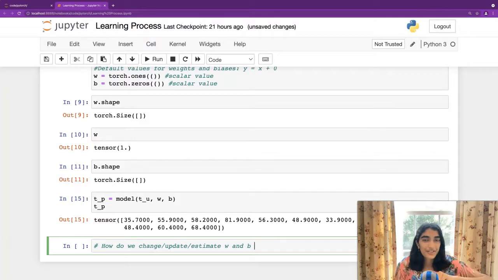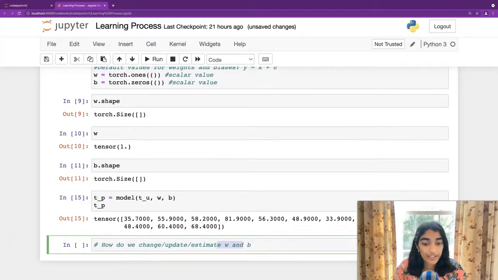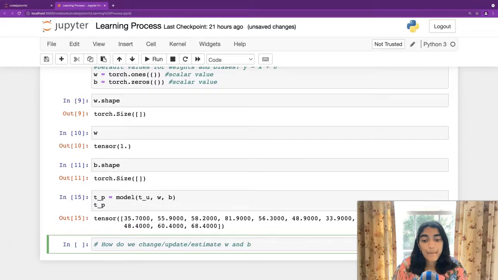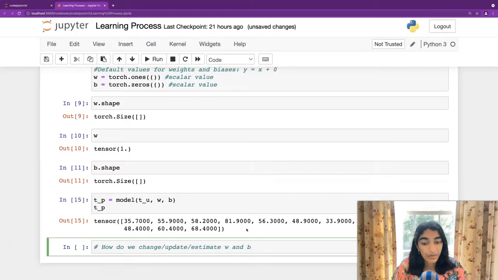Otherwise, we're going to have a completely different slope and a completely different y-intercept, and that relationship between our input and output is completely wrong. So we need to find the perfect slope and the perfect y-intercept, or in other words, the perfect parameters to best represent and model our data. We need to estimate that so that our loss reaches a minimum.